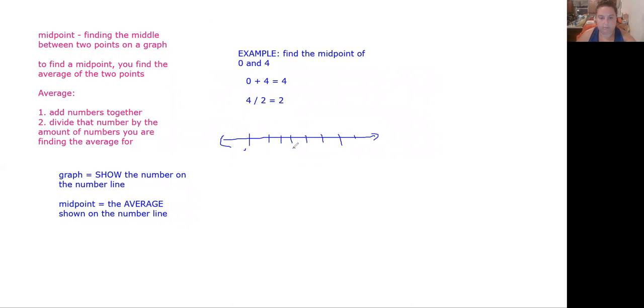So here's 0, 1, 2, 3, -1, -2, -3. So we're graphing the midpoint. Okay? Let's do another one.